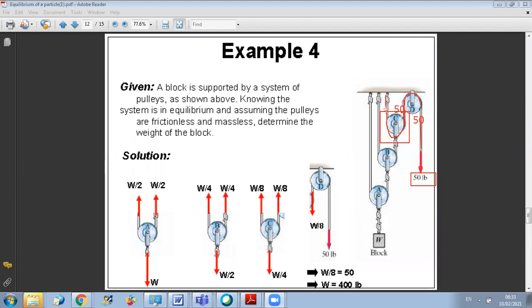And it's the same tension for the 2 points, so I will have 50 here and 50 here. If I draw pulley C, I will have a force of 50 upward because the cable is in tension here, and also a force of 50 upward here. So in total, I will have 100 lb upward here.